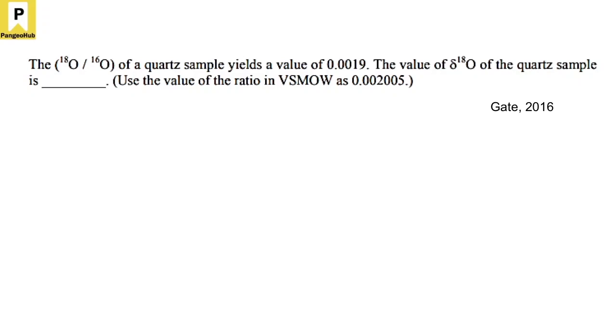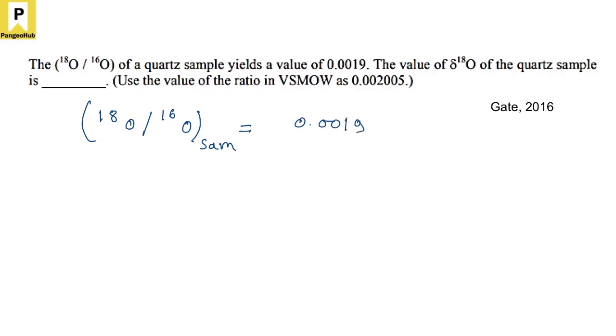Now, what is given? The 18O divided by 16O of the quartz sample is given. So our sample value is given, it is 0.0019.